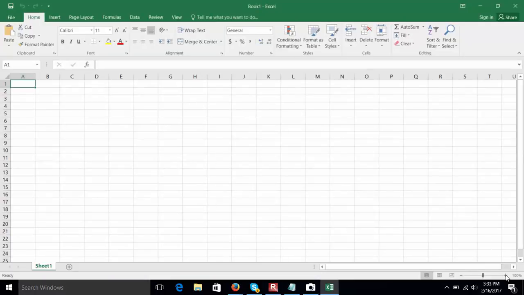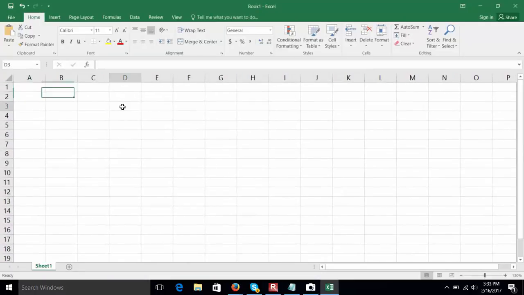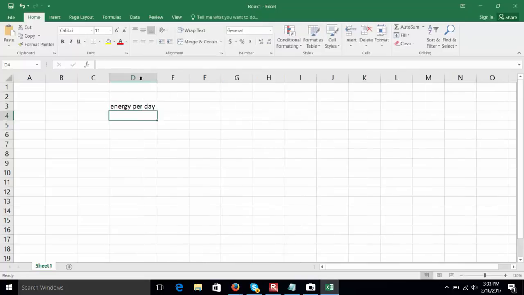If we start off with energy per day, this is kind of getting back to Energy 101, and we know we're at 2,500 calories. That's one human power, and then let's just do calories to joules. What's that? 4,200?